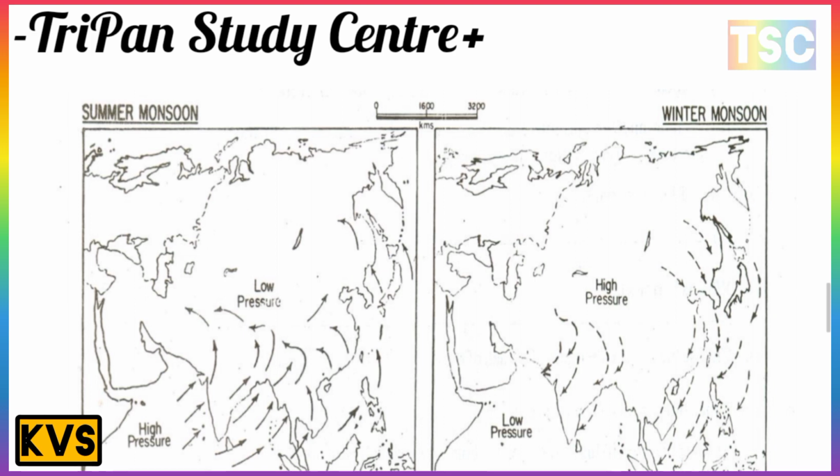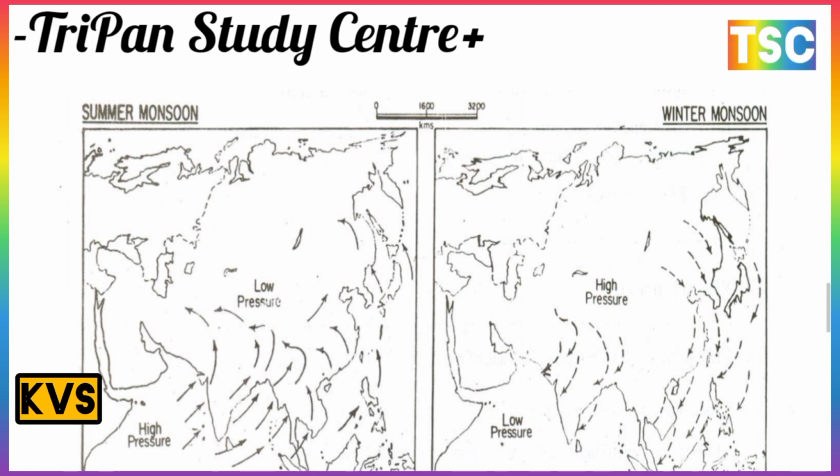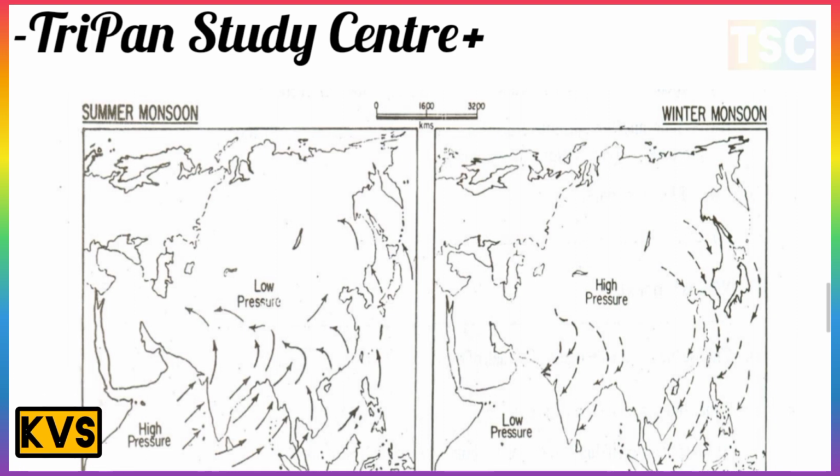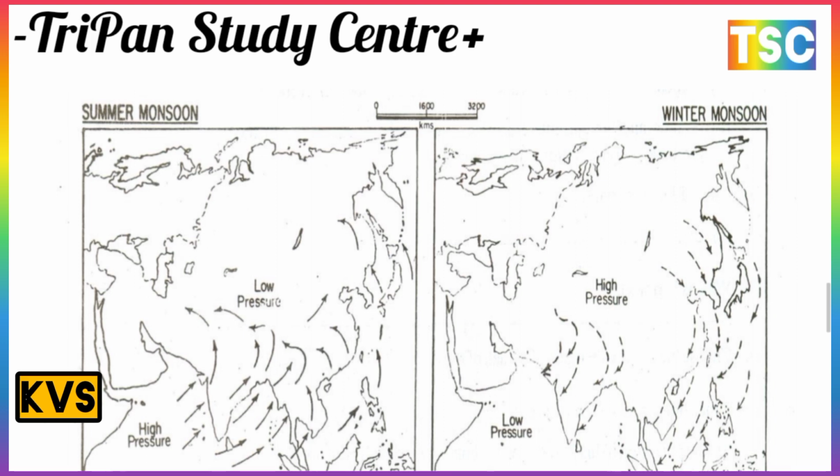You know that there is high pressure in the winter monsoon and low pressure in the summer monsoon on the land. On the other side, there is high pressure over the sea area in the summer monsoon and low pressure in the winter monsoon. This is a most important diagram for the flow of the monsoon.